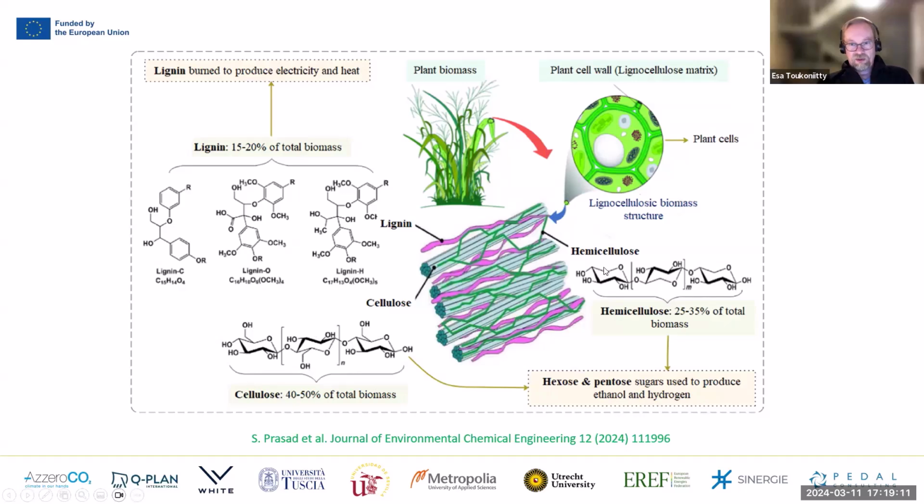Hemicellulose is also made out of sugars, but there can be 4 or 5 different sugars and in various alignments, so that it has that kind of not linear but branched composition.